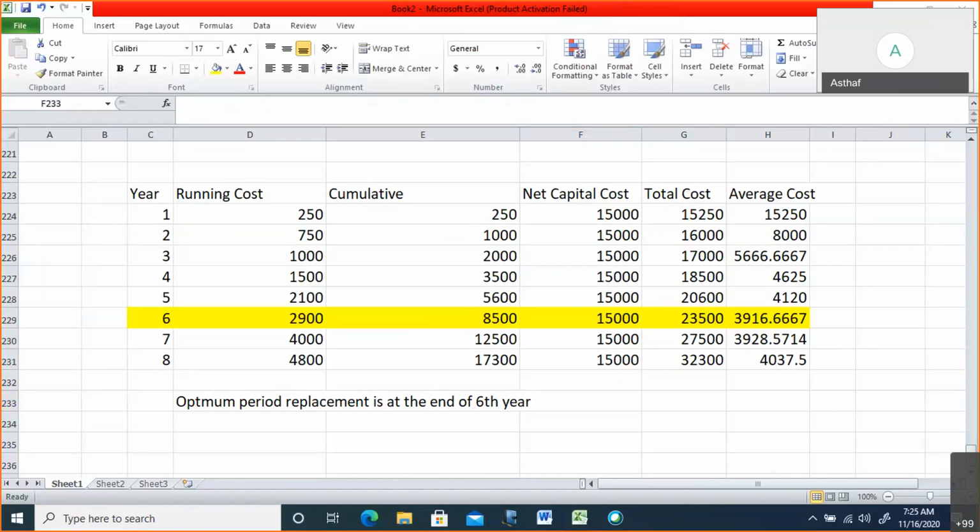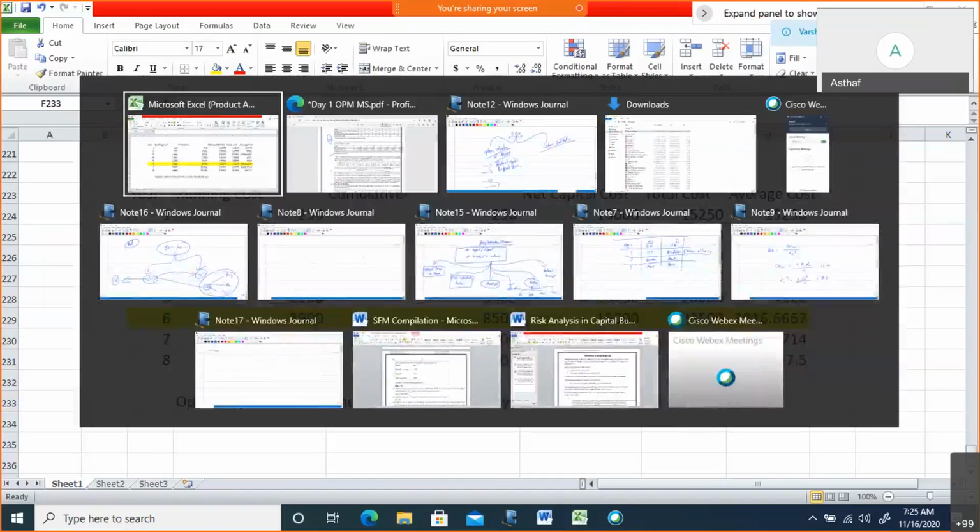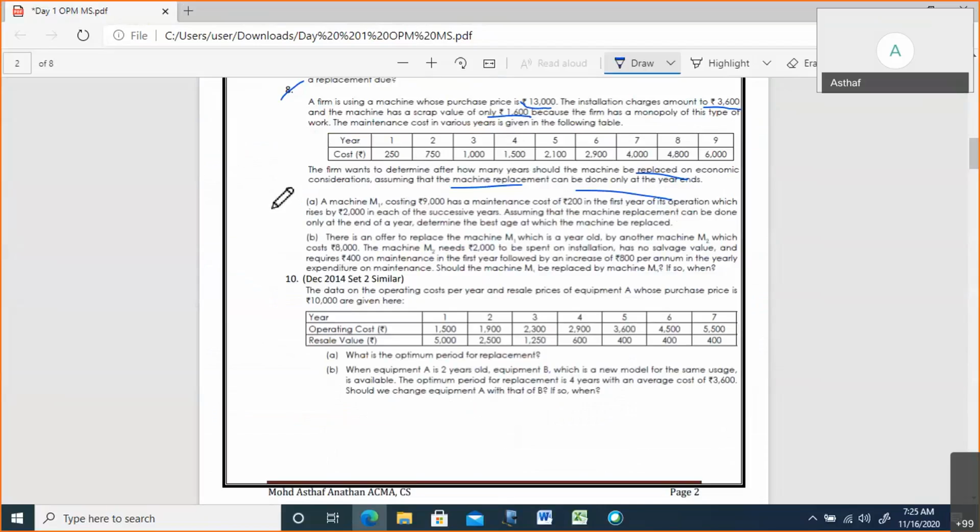To the next question. What is the next question? Here, question number 9. A machine M1 costing 9,000 has a maintenance cost of Rupees 200 in the first year of operation, which rises by 2,000 each year.